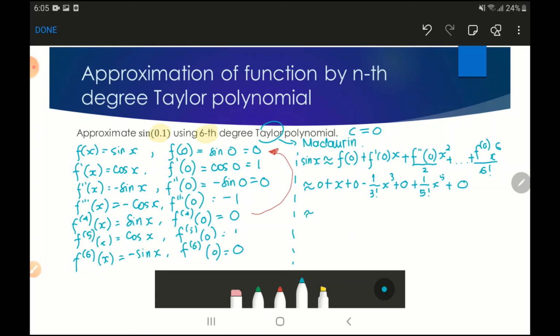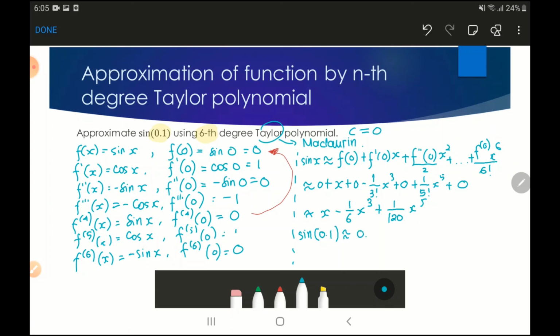So it's actually x minus x cubed over 6, 3 factorial is 6, plus 1 over 120 x to the power of 5. So when we want to find sin 0.1, we just plug in 0.1 for x.